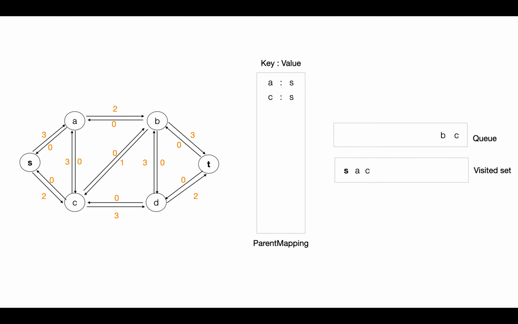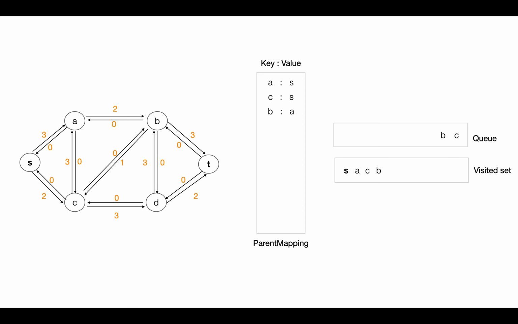And let's put B in the visited set as well. And now let's put it in the parent mapping along with the mapping as we came to B through A. Now the next vertex that we have in Q is C. So C is also having CA, CB, and CD, these three edges, but we can only consider this last edge CD as it's having a capacity greater than 0 and it's not already visited.